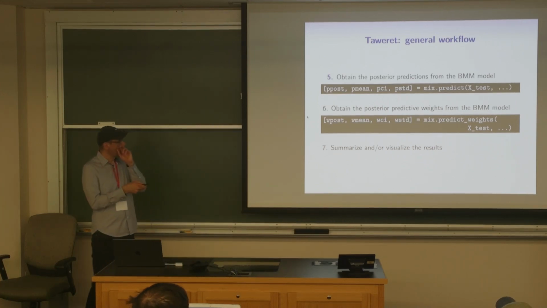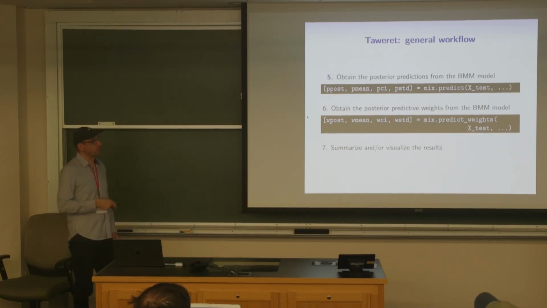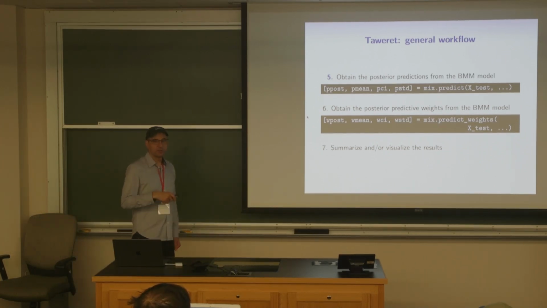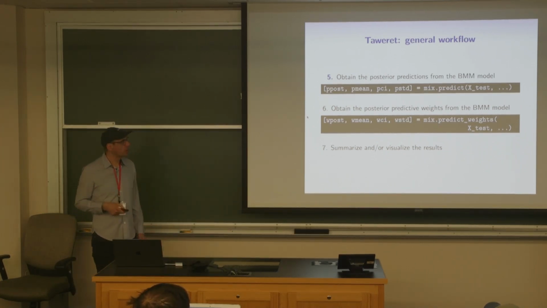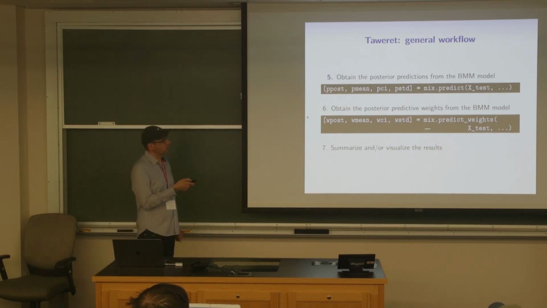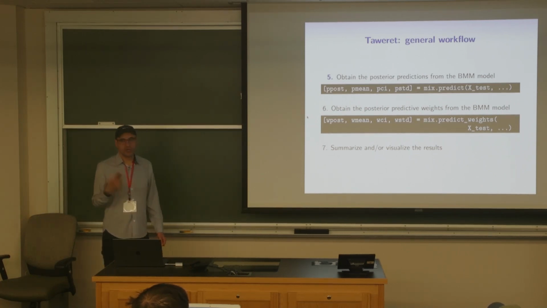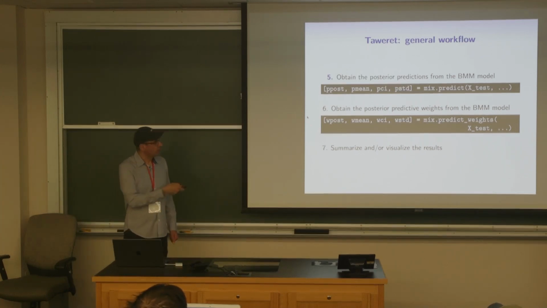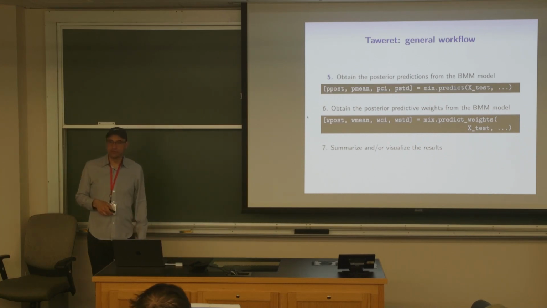Once the training is done, you can use predict, with some test inputs, to draw posterior predictions of the process you're studying, the Y process. You can also run predict weights to extract the posterior distribution of the weight functions as well, again evaluated at a grid of test points.